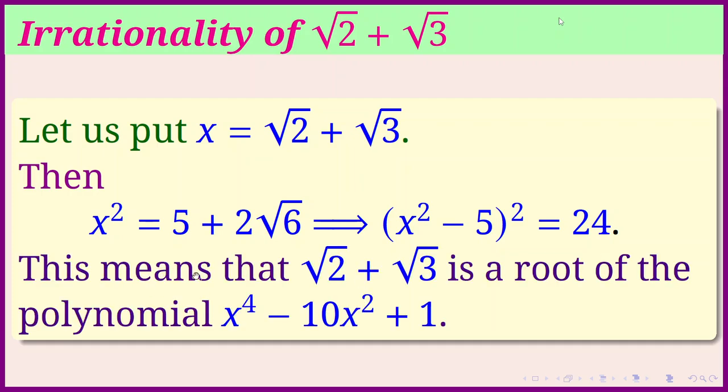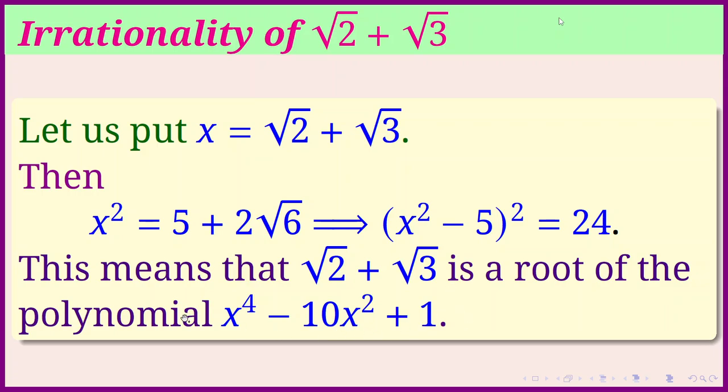So root 2 plus root 3 actually is a root of this polynomial. If you bring 24 on this side and simplify it, you will get this polynomial satisfied by this. So this is a root of this polynomial.